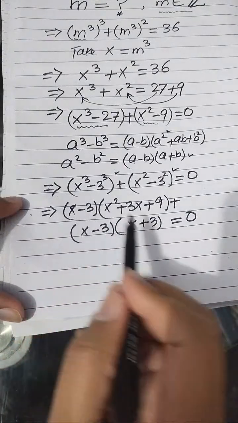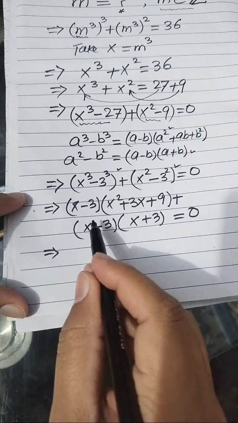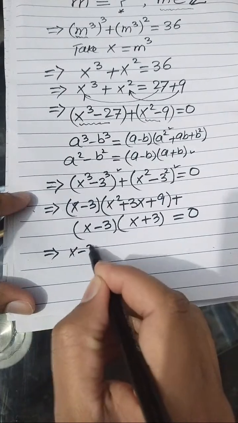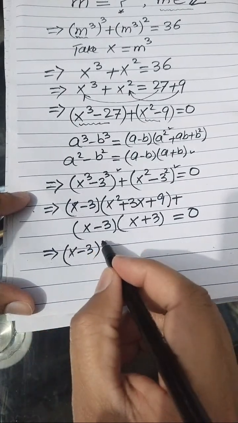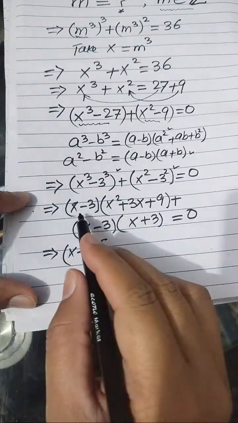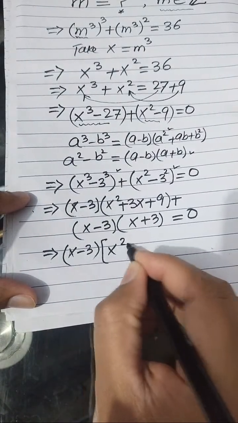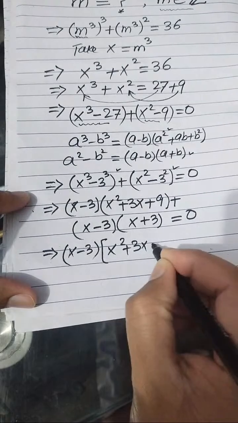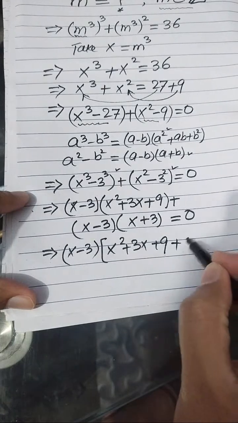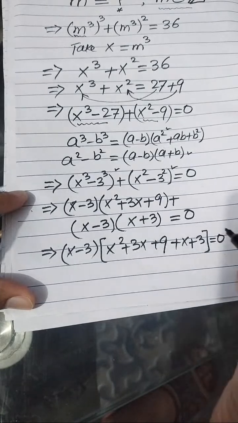Now we can see that the x minus 3 term is present in both terms, so we take x minus 3 common from both expressions. The remaining terms are x squared plus 3x plus 9, and x plus 3, is equal to 0.